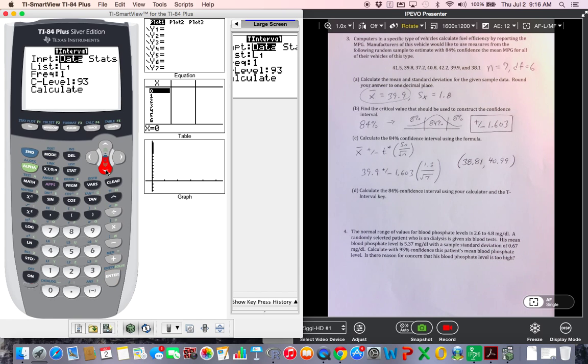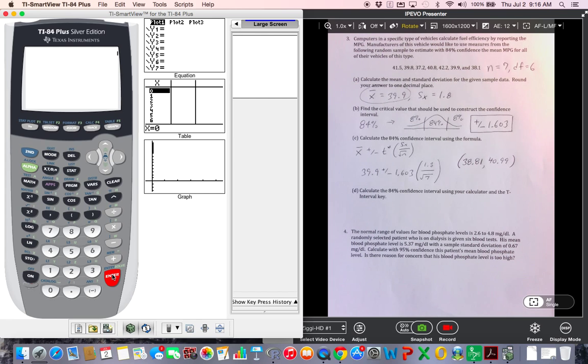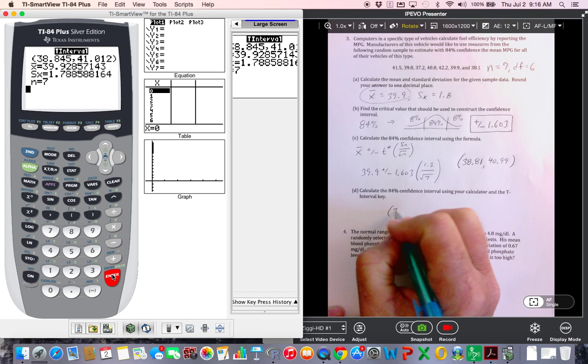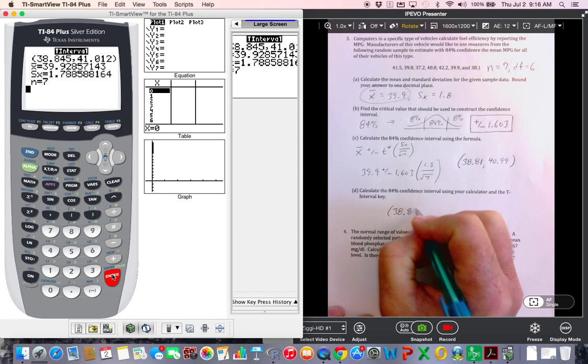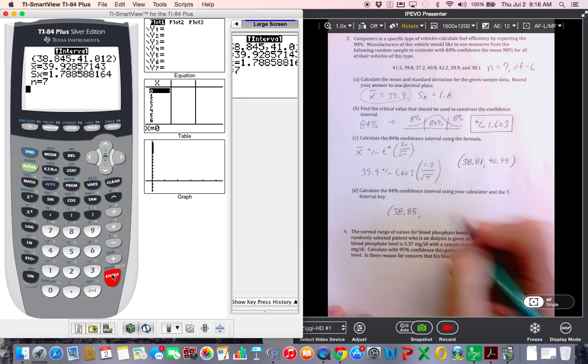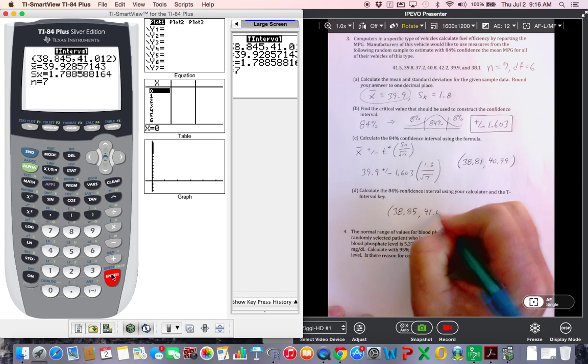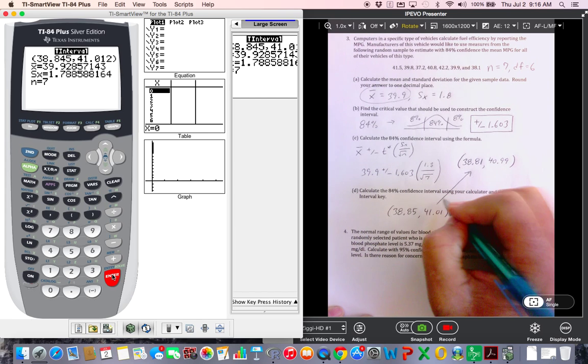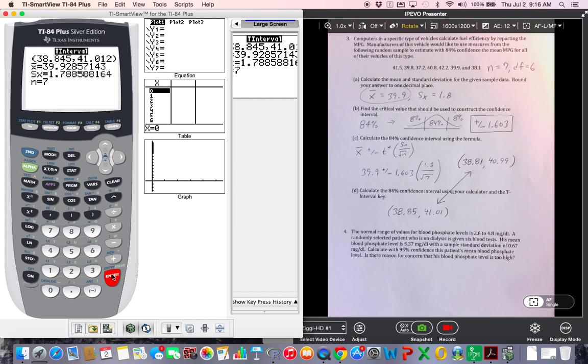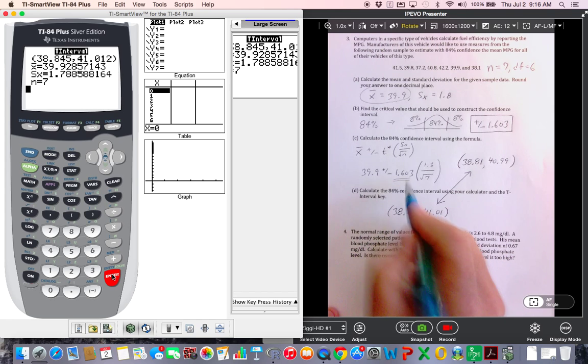I'm going to tell the calculator that I put my information in L1, and that I want it to calculate an 84% confidence interval. And you'll see that we get 38.85 to 41.01. Now, guess why the difference? Well, the difference is we rounded this to 1.603.